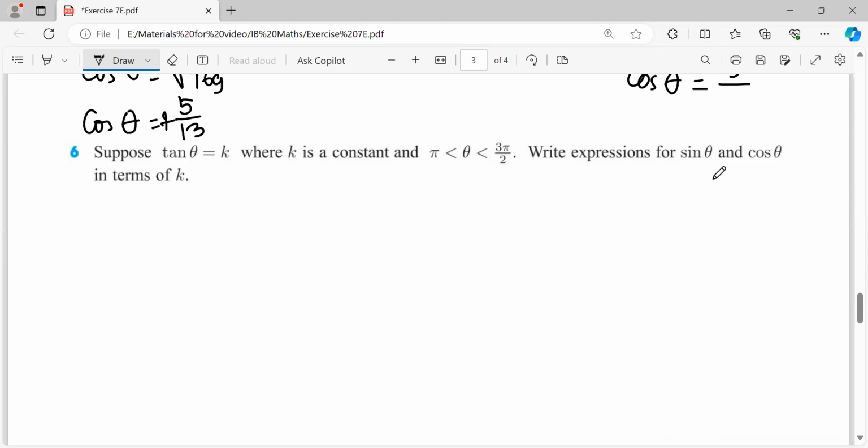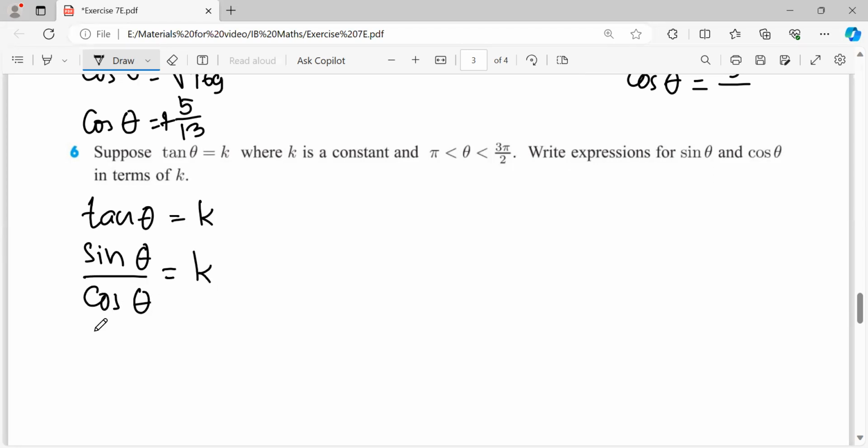Write expressions for sine theta and cosine theta in terms of k. All right, so tangent theta equals k, sine theta over cosine theta equals k. It means sine theta equals k times cosine theta.